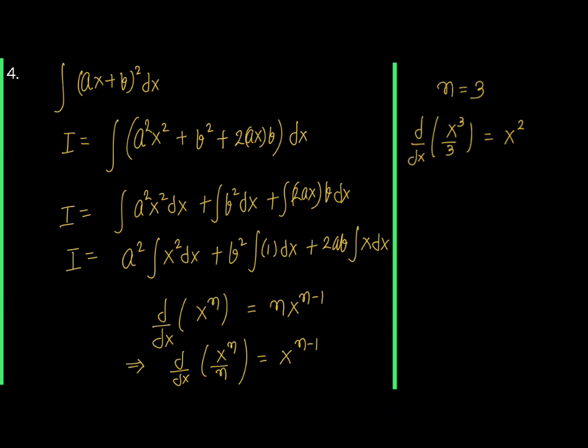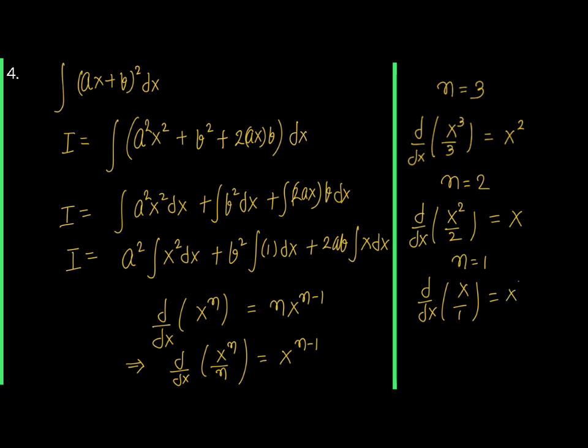For n equals 2, I will get d by dx of x square upon 2, which is equal to x. And for n equals 1, I will get d by dx of x upon 1, which is x to the power 1 minus 1, that is x to the power 0, and that is also equal to 1.